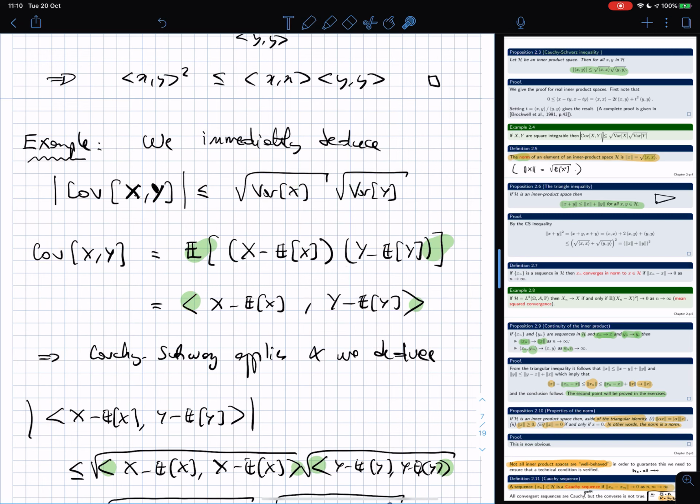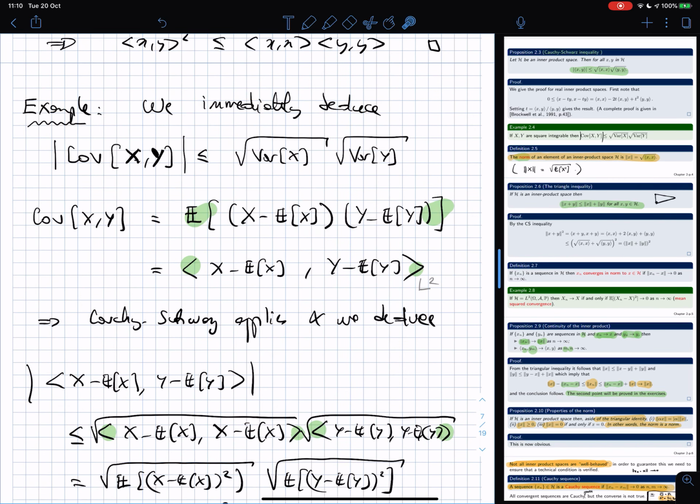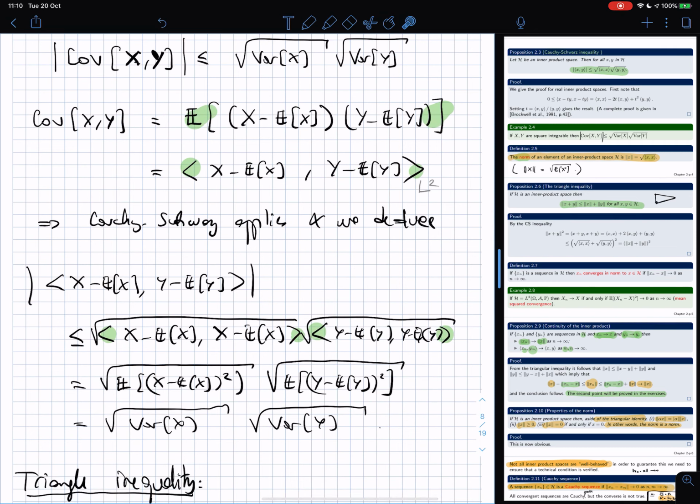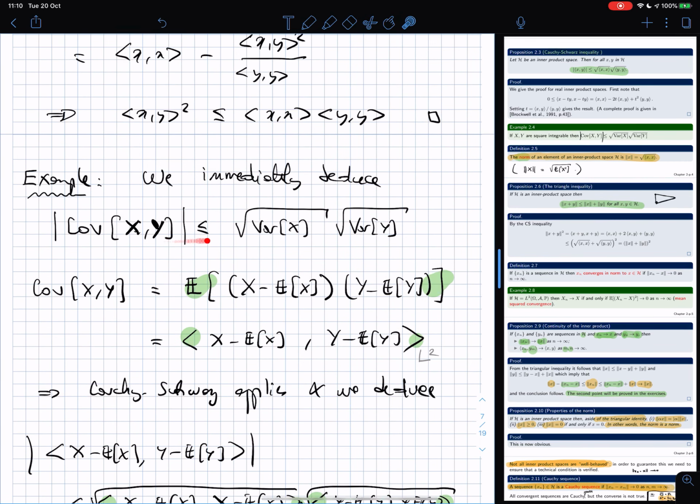This is the scalar product in L2 of x minus its mean with y minus its mean. I apply Cauchy-Schwarz. Cauchy-Schwarz tells me that this is less than the scalar product in L2 of x minus its mean with itself, and y minus its mean with itself. And that's very specifically the variance of x, and that's very exactly the variance of y. So I have just proved the fact that the correlation is always between -1 and 1.